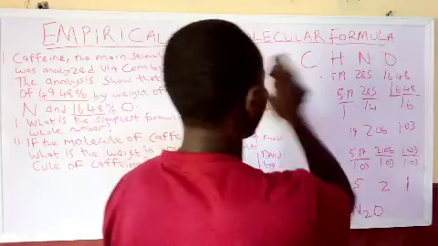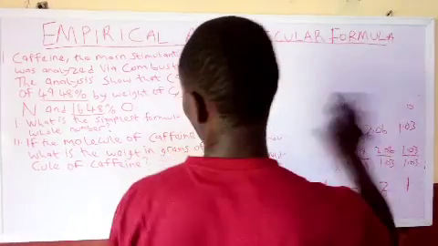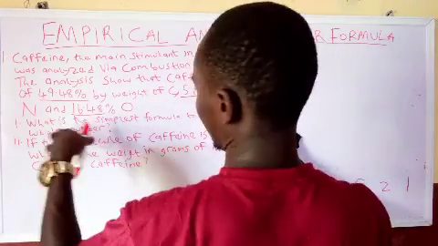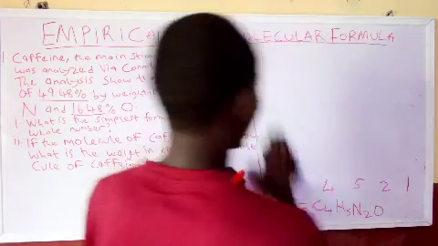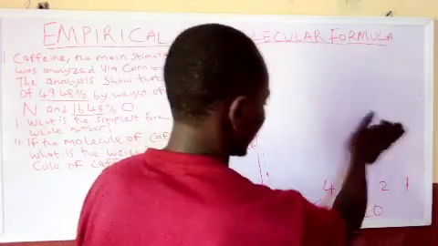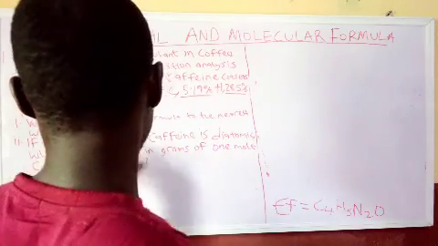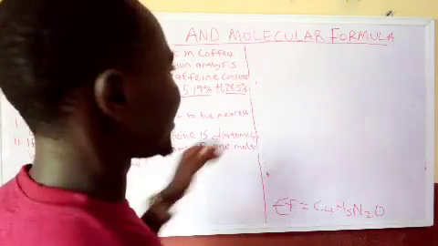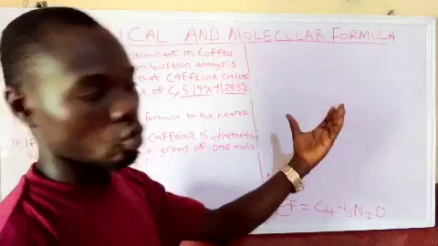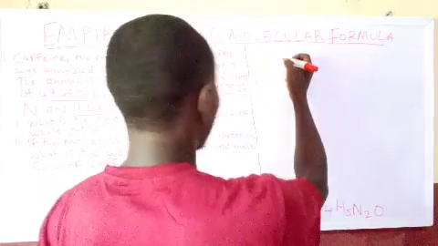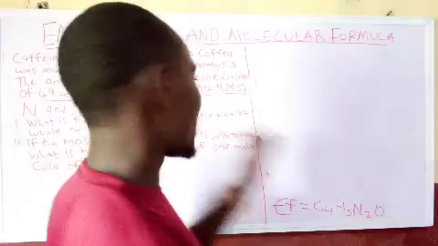So you've got the empirical formula. They asked what is the simplest formula, so they're actually talking of empirical formula. Now the next thing, they said if the molecule of caffeine is diatomic. Diatomic means that n equals 2, just like in the example of glucose I gave you. So you can use it to find the molecular formula.